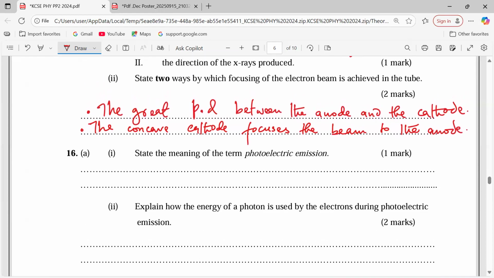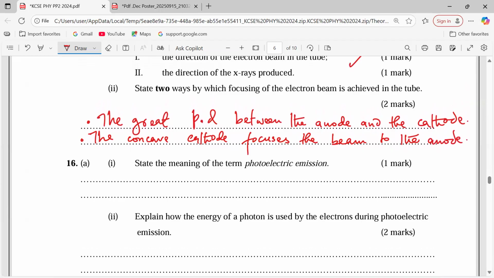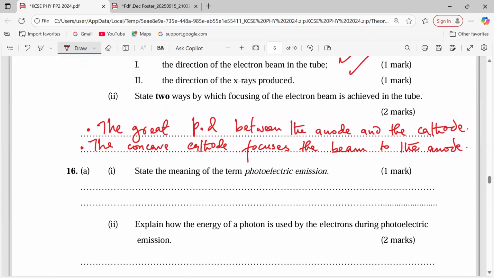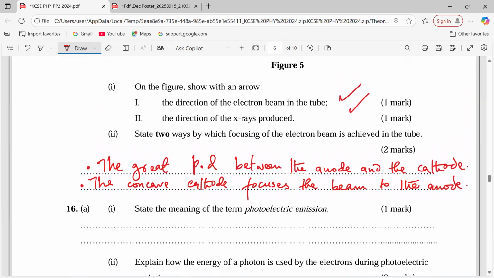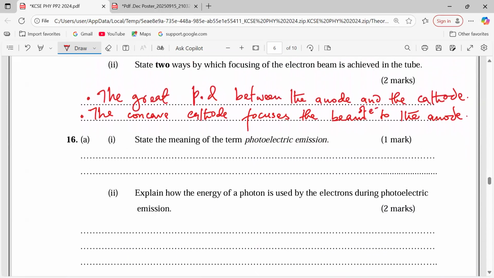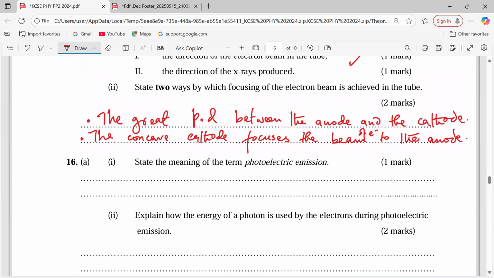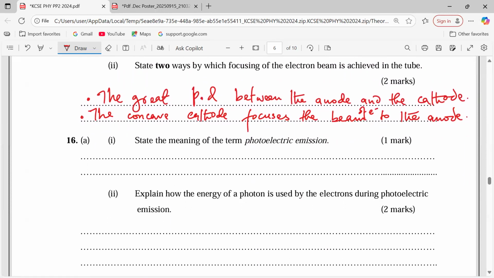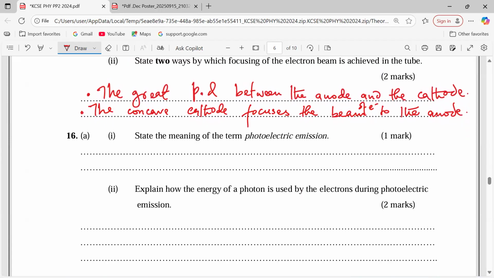You're told to state the reason why the cathode is concave in shape. Why is it concave? To ensure that the produced beam of electrons is focused to the anode. So that is the main reason. Those are some of the ways of ensuring that the electron beam is attracted.